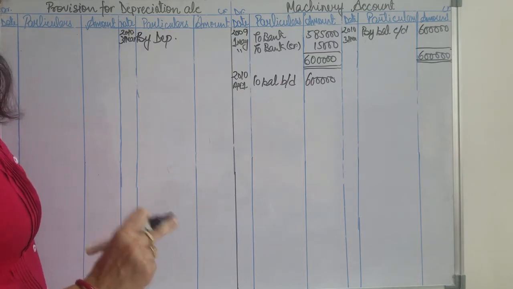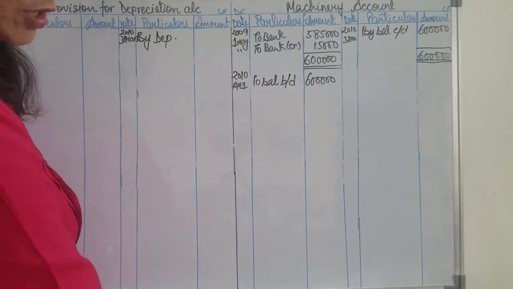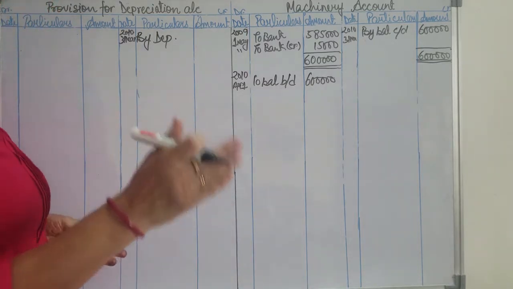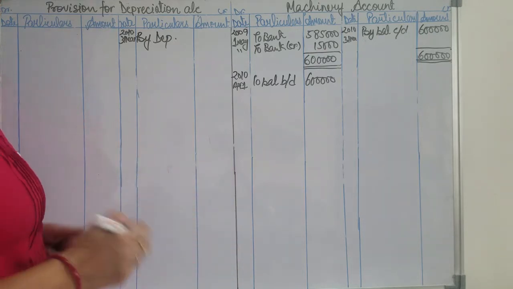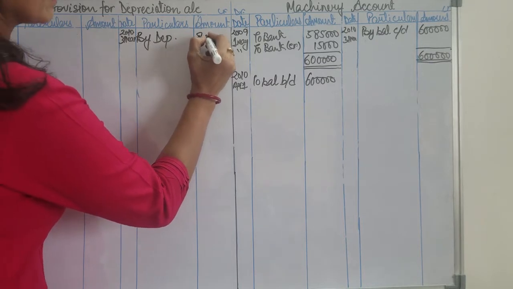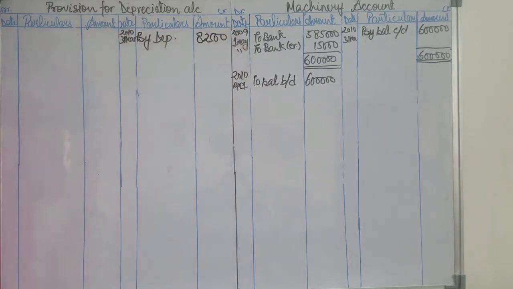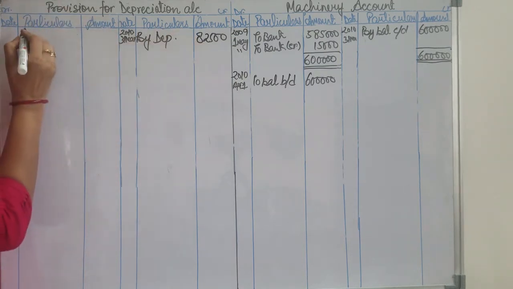But here we have to charge depreciation for 11 months only as the machinery was purchased on 1st May. From 1st May to 31st March is 11 months. So 11 months depreciation comes to 82,500, right?